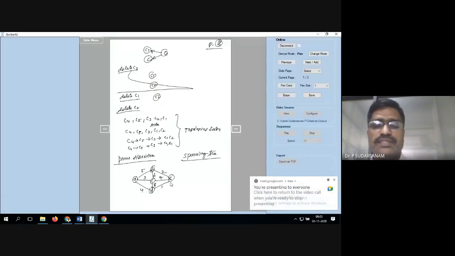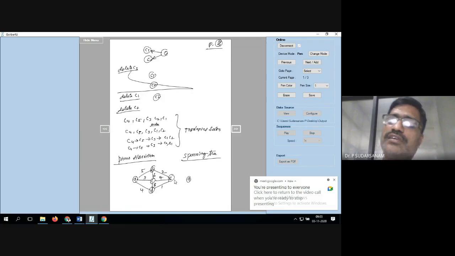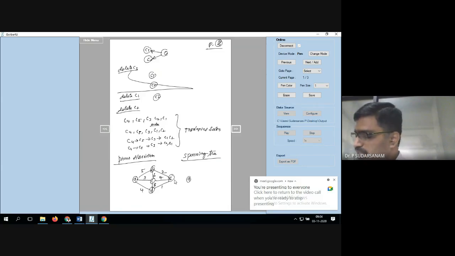Now I will be solving the spanning tree here only. Already I told you, the first node to be taken when you are solving Prim's algorithm. So 5 is there, 3 is there, 4 is there, which is the minimum that is to be taken. So A to C is the minimum.